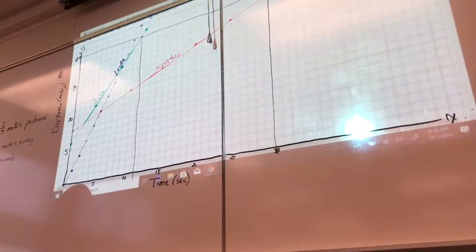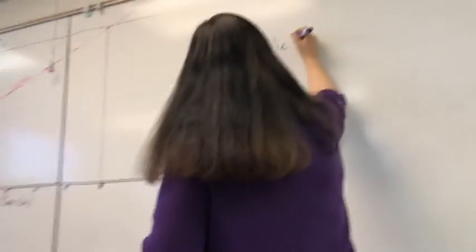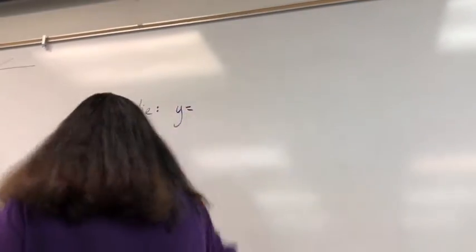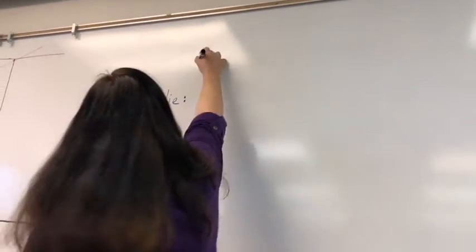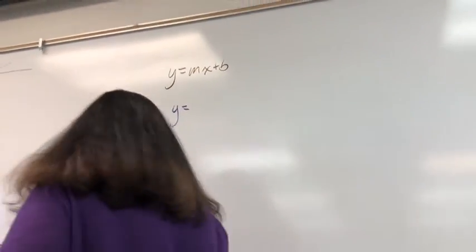All right, so everyone on page 77, yes? Page 77, an equation from this. Leslie, what would her equation be? Okay, we know that our format is y equals mx plus b. So what is her slope?